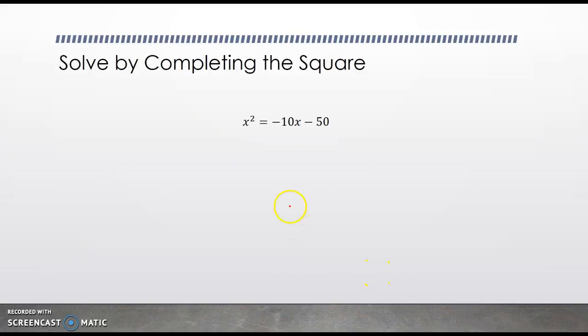For our next example, I've got x squared equals negative 10x minus 50. Right now my x squared term is on a different side than my x, so I'm going to get them on the same side by adding 10x. So I've got x squared plus 10x. Now they're on the same side, so I'm going to put my plus box equals negative 50 plus the same box.